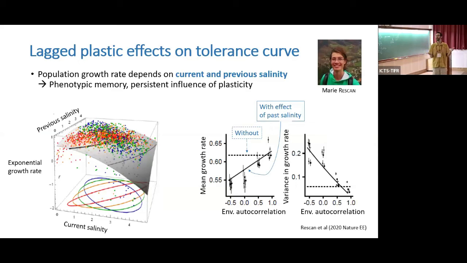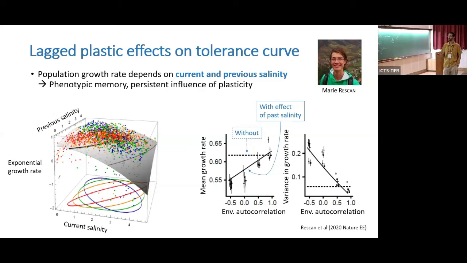We looked at this kind of salinity tolerance curve, which, as I said, will occur if there's some plastic traits and the moving optimum also. But actually the way we could capture these responses was when we let this tolerance curve, or this growth rate as a function of salinity, depend on current but also previous salinity.